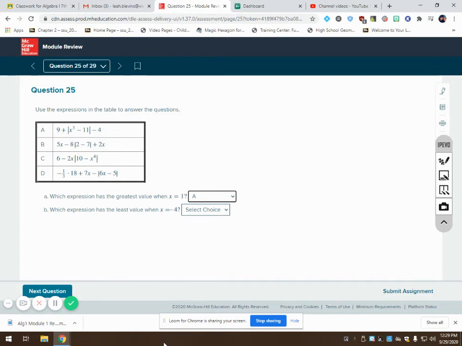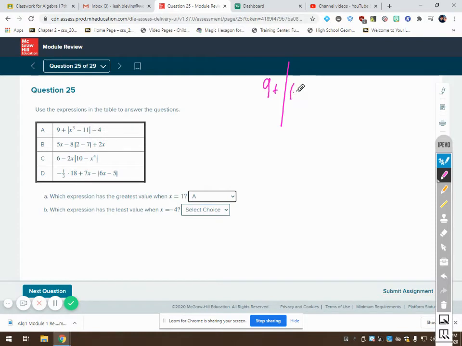Okay. Part 2, I've got to plug in negative 4. So we're going to do all of that work again, this time plugging in a negative 4. 9 plus the absolute value of negative 4 cubed minus 11, take away 4. Well, 4 cubed is the same as 4 times 4 times 4, negative 64.